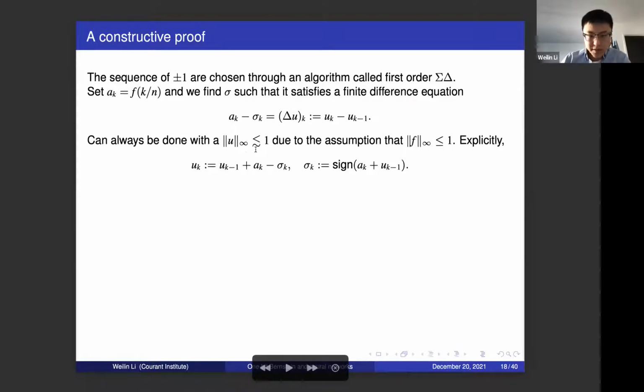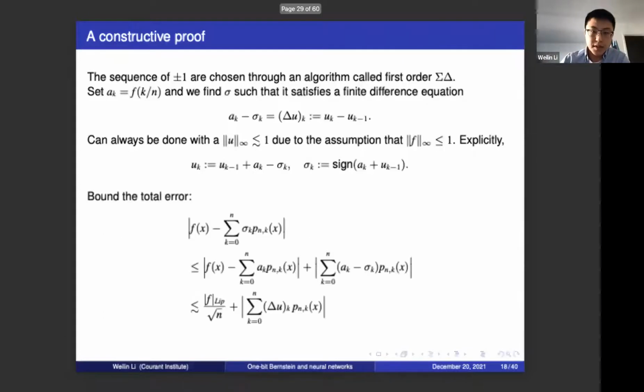So this infinity bound on U is independent of n, which is super crucial because this will allow us to take n arbitrarily large. We can give this explicitly, but showing that this is possible is just simple induction. It's only when we get into higher order that this is not so clear.